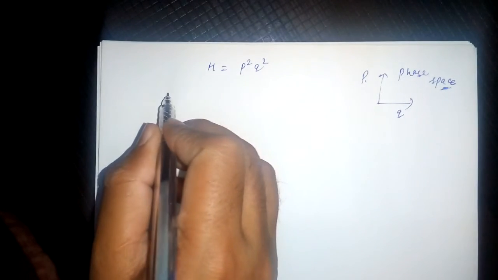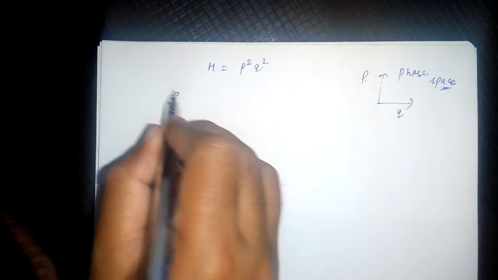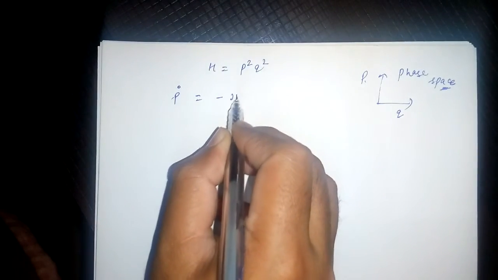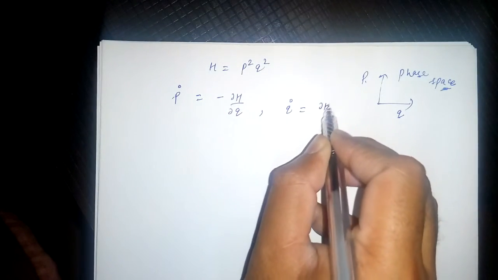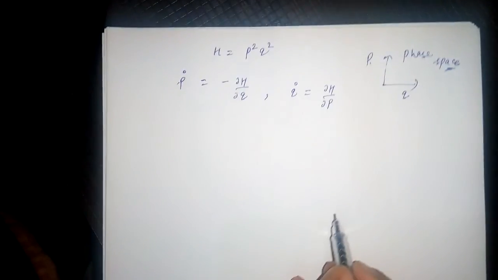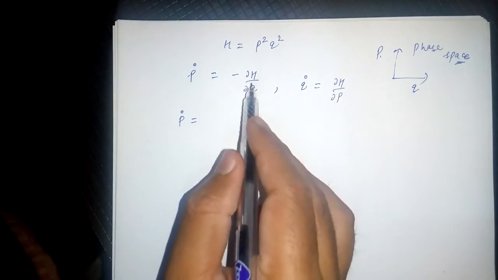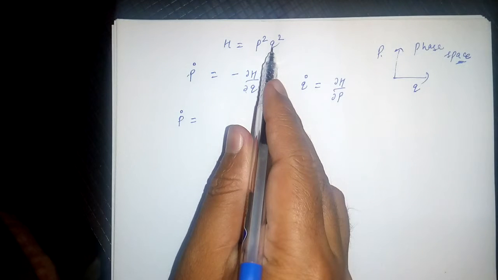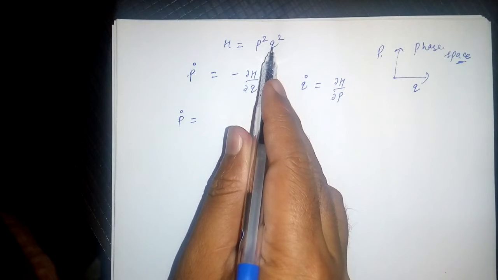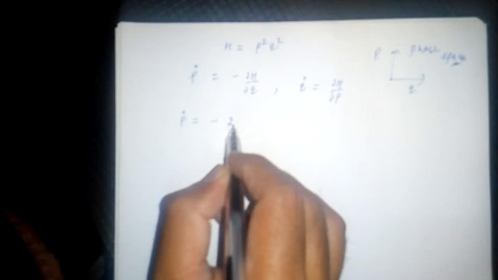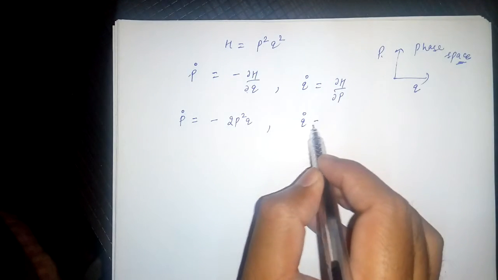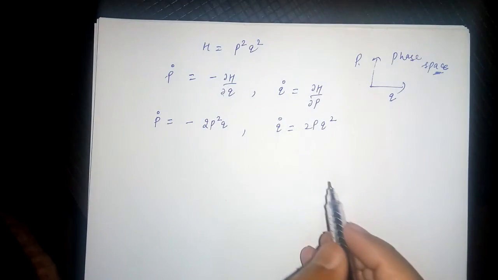P dot equals minus delta H upon delta Q, and Q dot equals delta H upon delta P. We will find both these quantities. P dot will be, partially differentiating with respect to Q, 2P square Q, and Q dot will be 2P Q square.